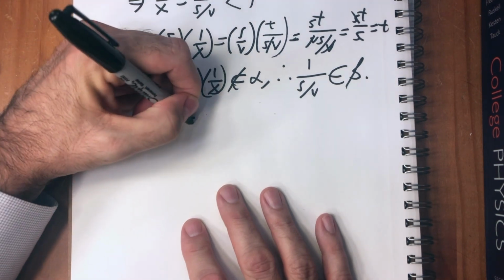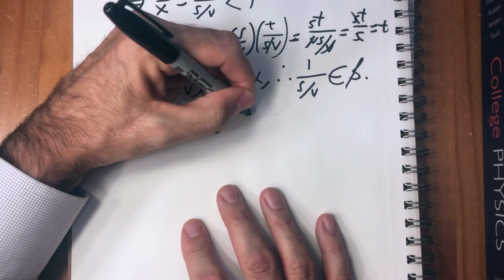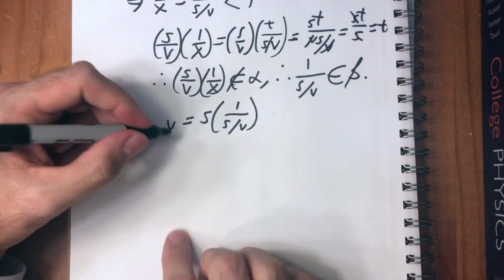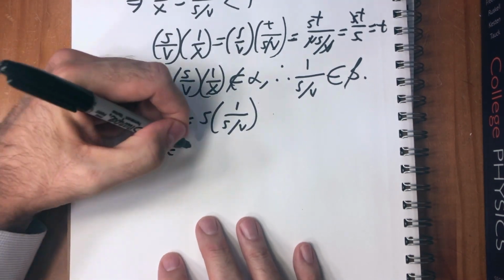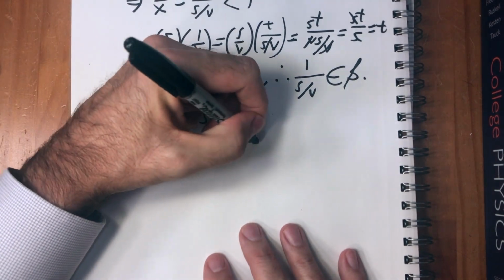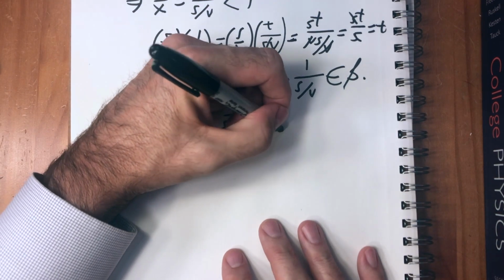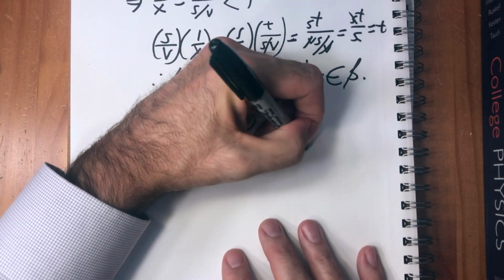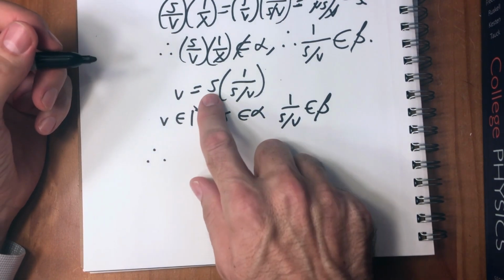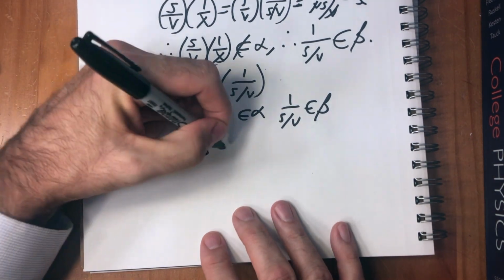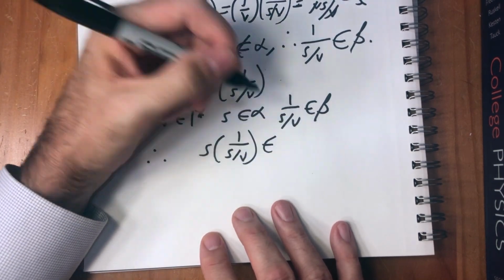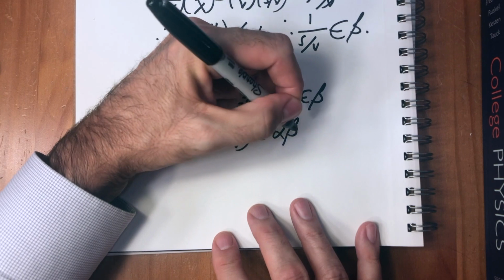So we already showed that v equals s times 1 over s divided by v. This v is an element of 1. s is an element of alpha. This is an element of beta. Therefore, this is an element of alpha beta.